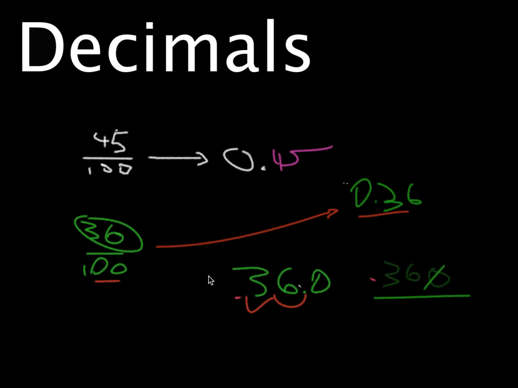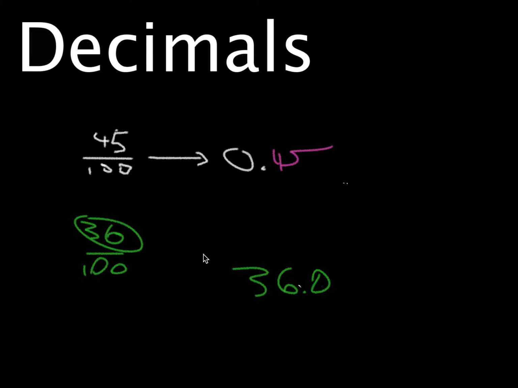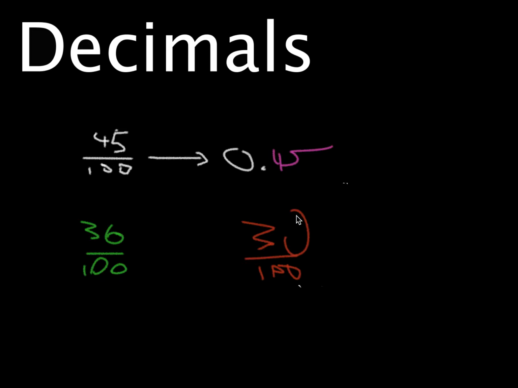I think I forgot to show you this. Let's say 3 out of 10. You could just write this as 0.3, but it can also be 30 out of 100.